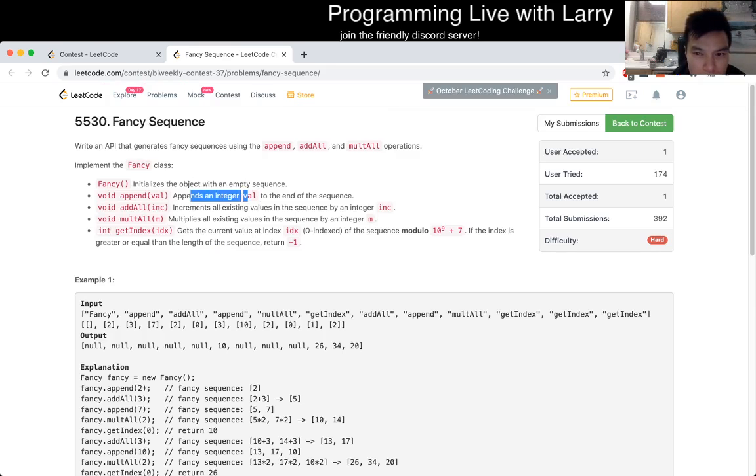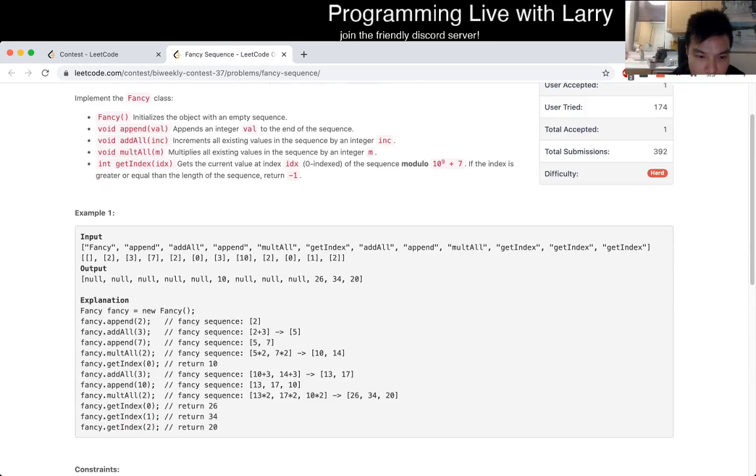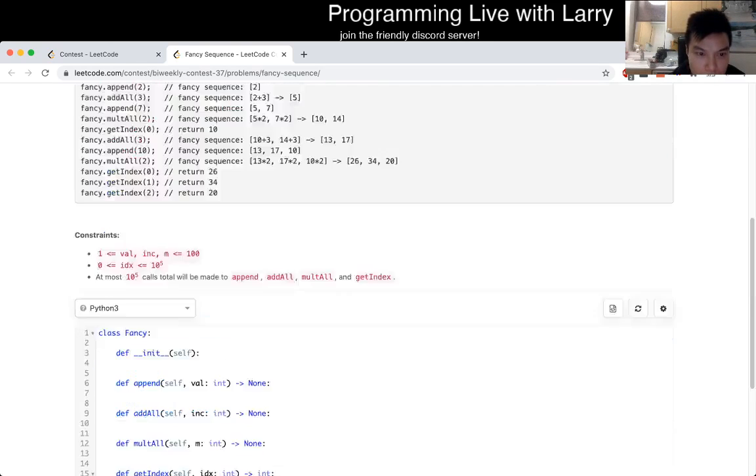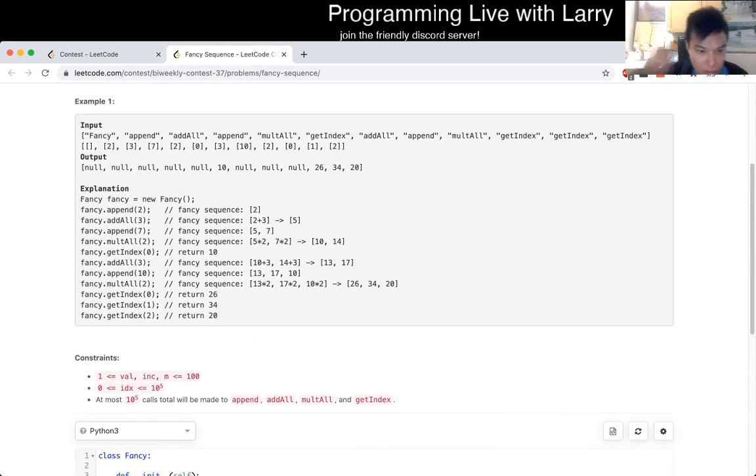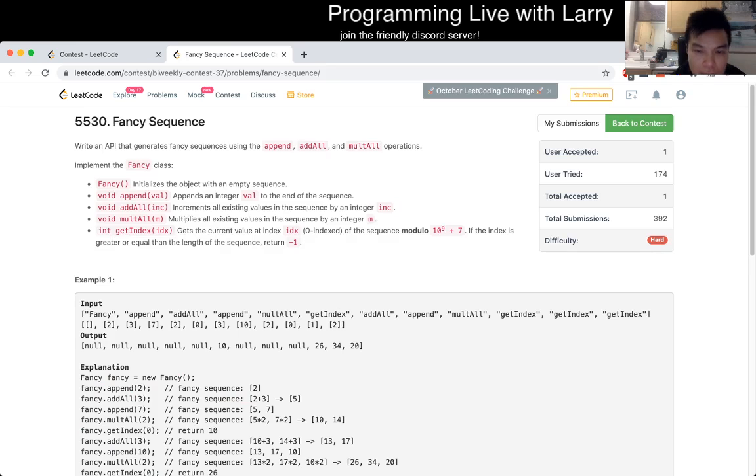Appends value to the end of the sequence. Multiply all numbers by m. What is index? Oh, get index, okay.